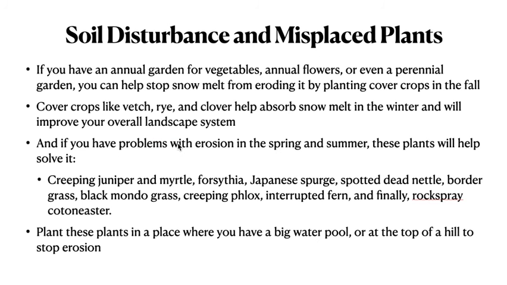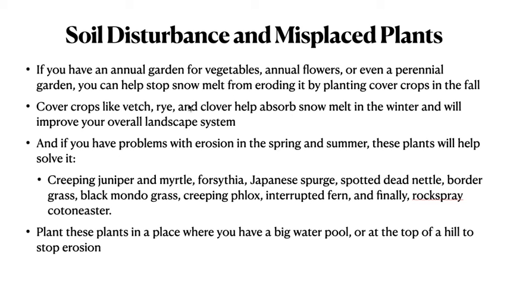So the last cause would probably be soil disturbance and misplaced plants. If you have an annual garden for vegetables, annual flowers, or even a perennial garden, you can help stop snow melt from eroding it by planting cover crops in the fall.